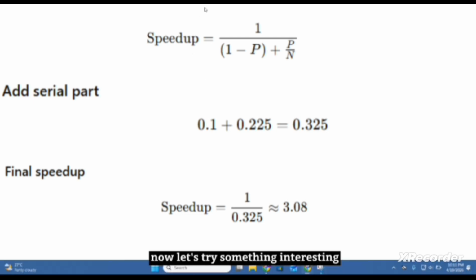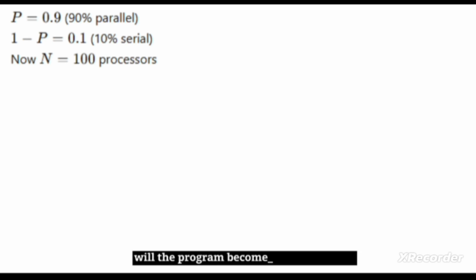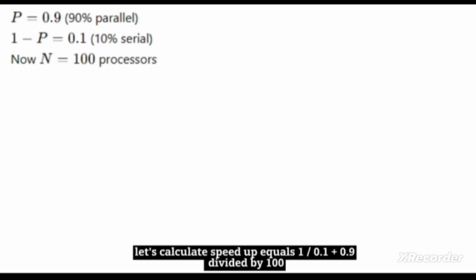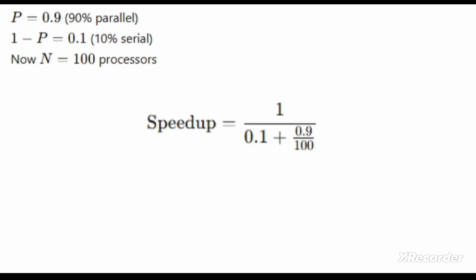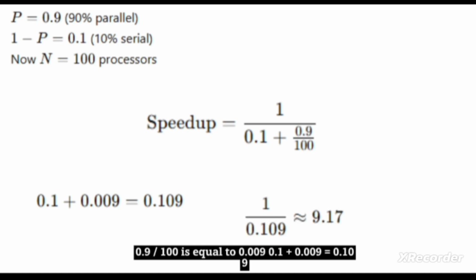Now let's try something interesting. What if we increase the processors from 4 to 100? Will the program become 100 times faster? Let's calculate. Speed up equals 1 divided by (0.1 plus 0.9 divided by 100). 0.9 divided by 100 is equal to 0.009. 0.1 plus 0.009 equals 0.109.